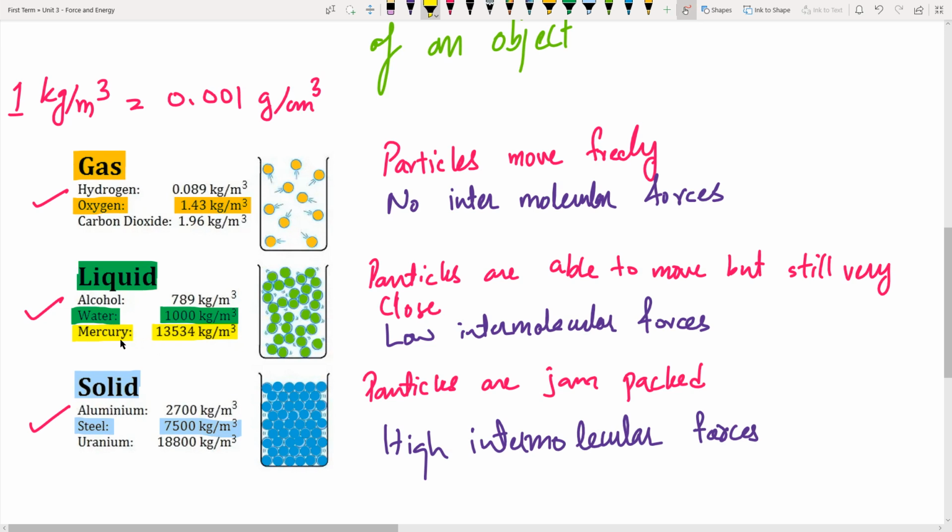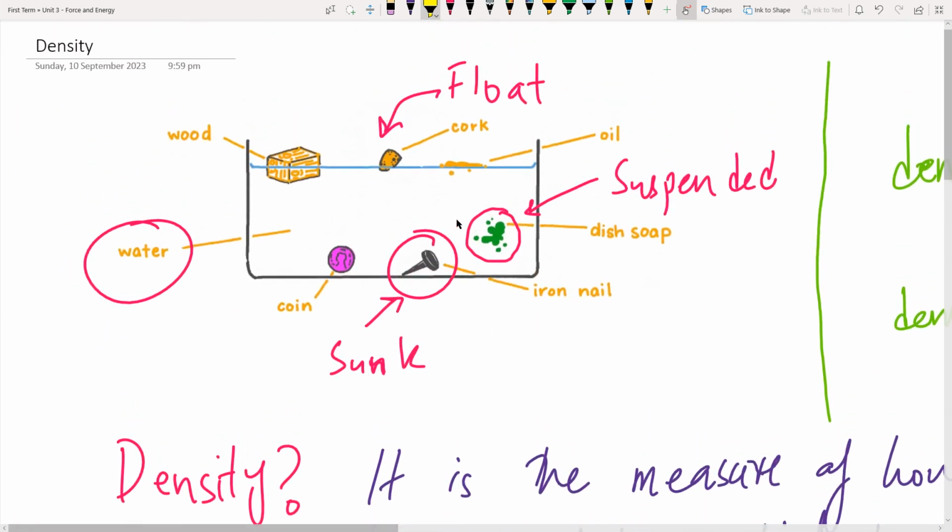So if I put a steel bar in liquid mercury, the steel is going to be floating on mercury. Why? Because the density of mercury is a lot higher, which we see over here.